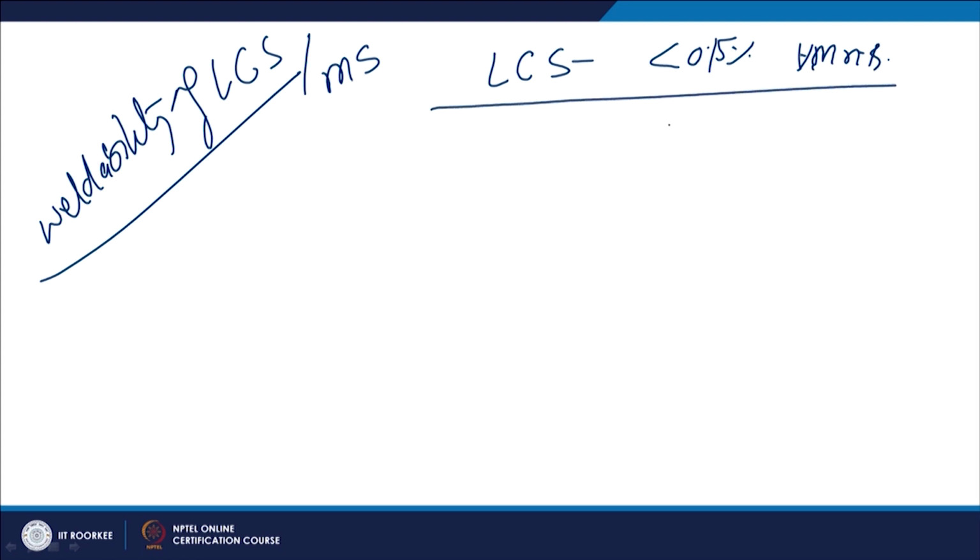So, as I have said, the low carbon steels have the carbon content normally less than 0.15% and the manganese content is about 1%. So, since both carbon and manganese concentrations are low, the carbon equivalent associated with such kind of steels is also very low.